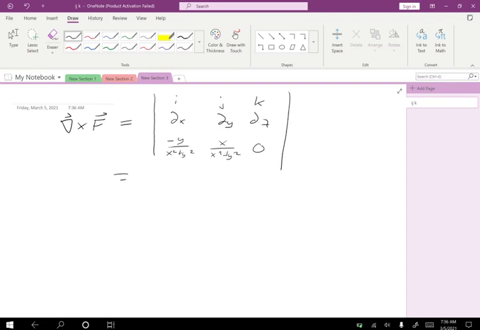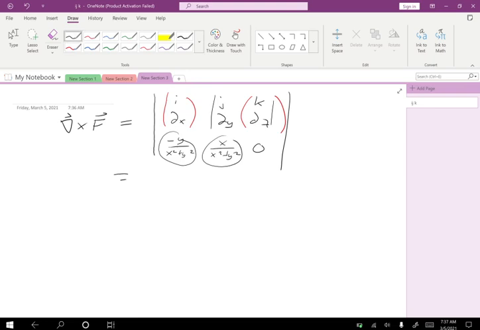Okay, so we'll end up with just a couple terms. I'm going to expand the determinant along these terms here.